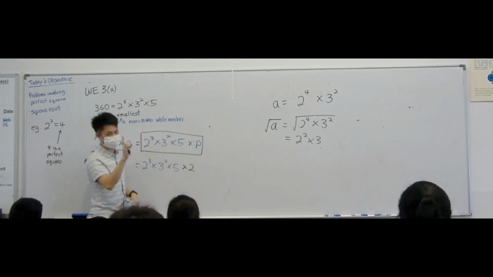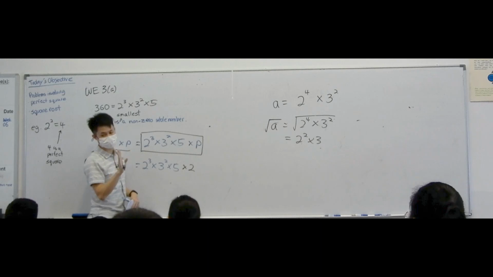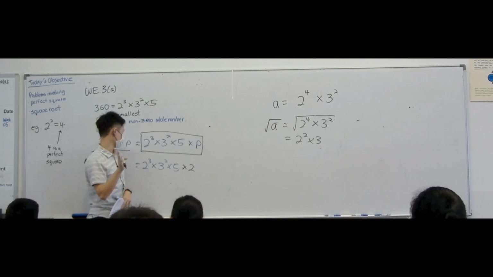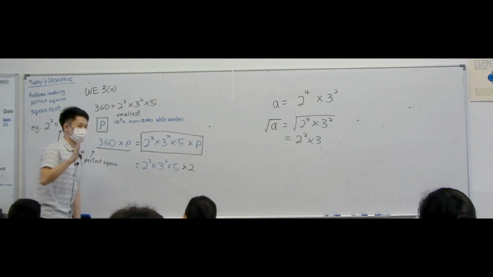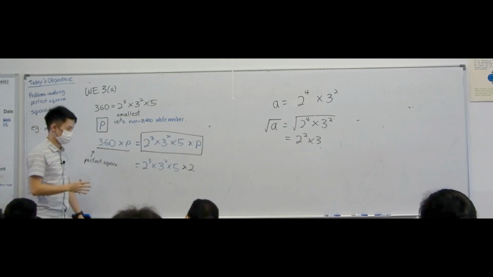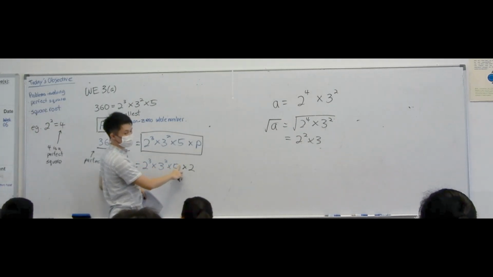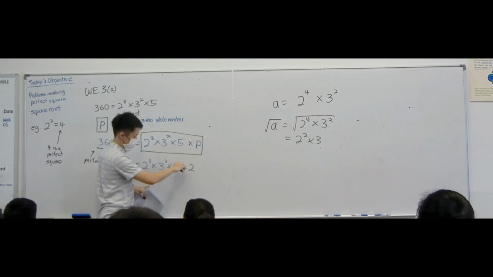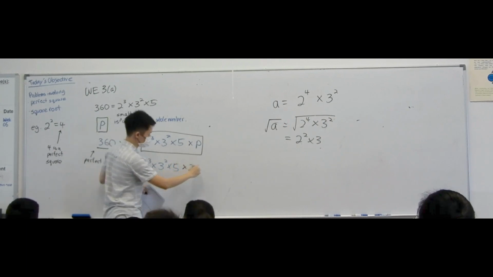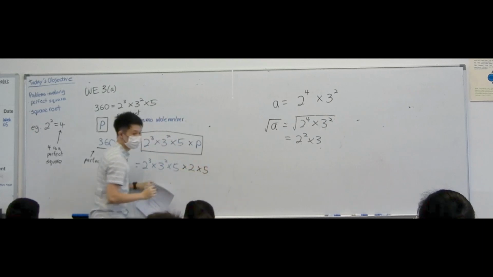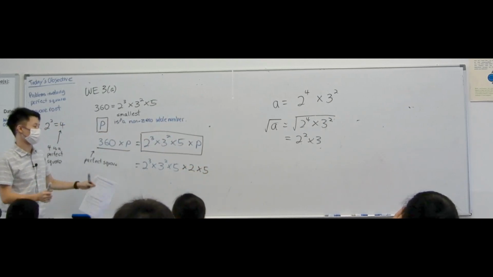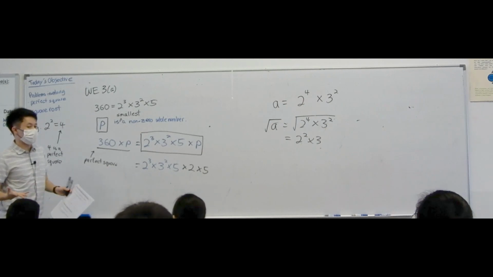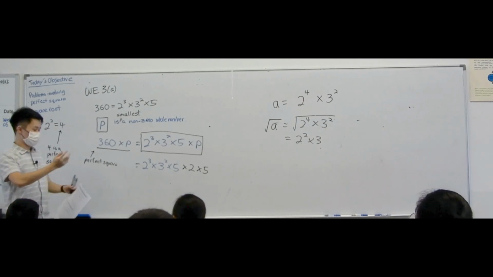All numbers have a power of 1, just that we don't write it down because it's invisible. We never write the power of 1 because it's just a number. So technically to make this 2, I can just multiply 5, correct? If I want to make the powers even, I just need to multiply another number to make it even.